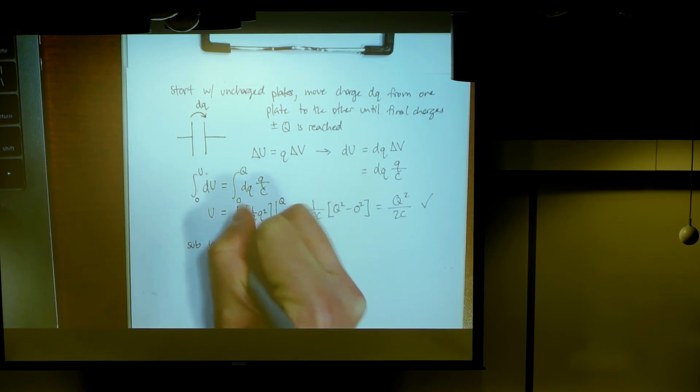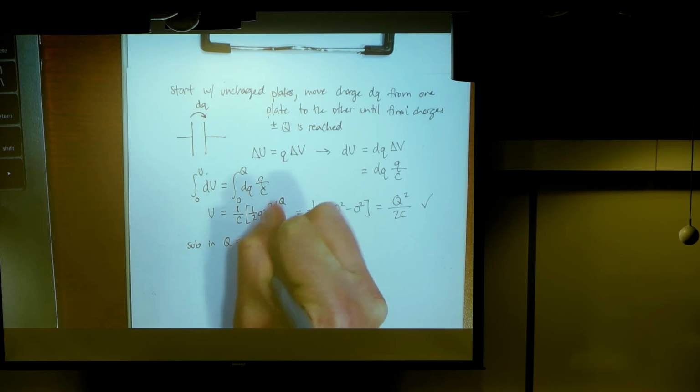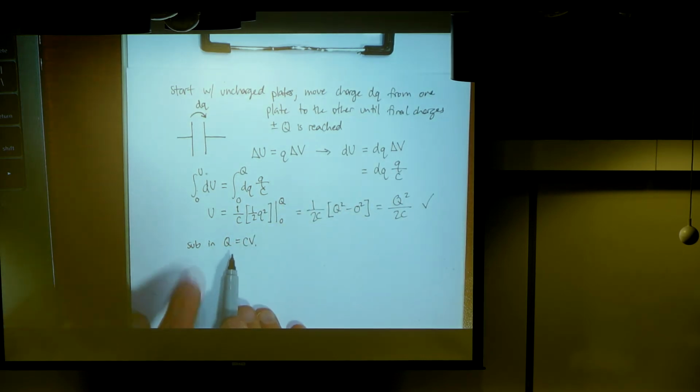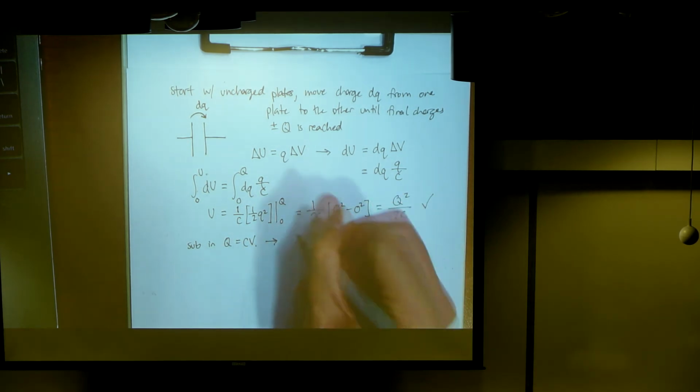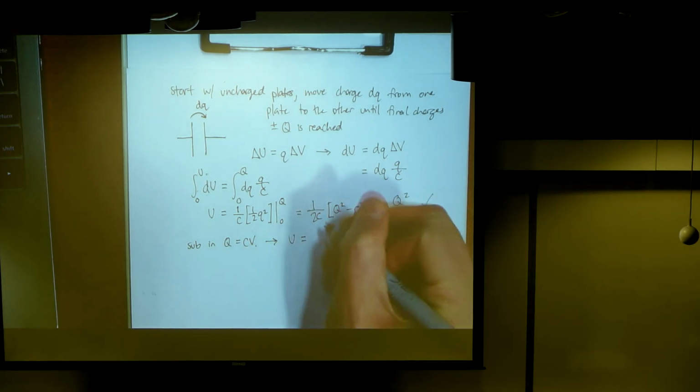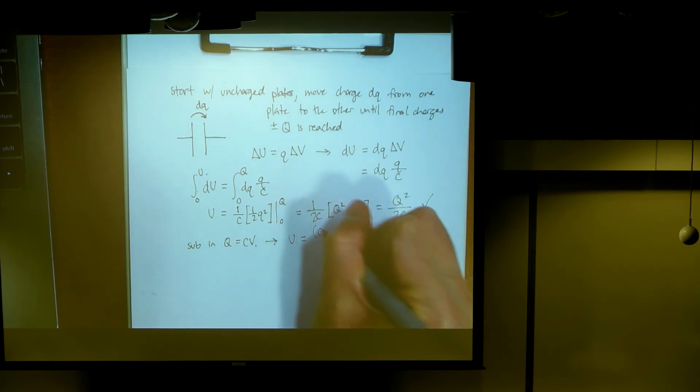What if I subbed in this formula? You've seen this one before. The amount of charge on a capacitor is equal to the capacitance multiplied by the voltage across its plates. So what if I just took that and put it into my energy formula? That would say U equals, on top now I have CV squared divided by 2C, right?